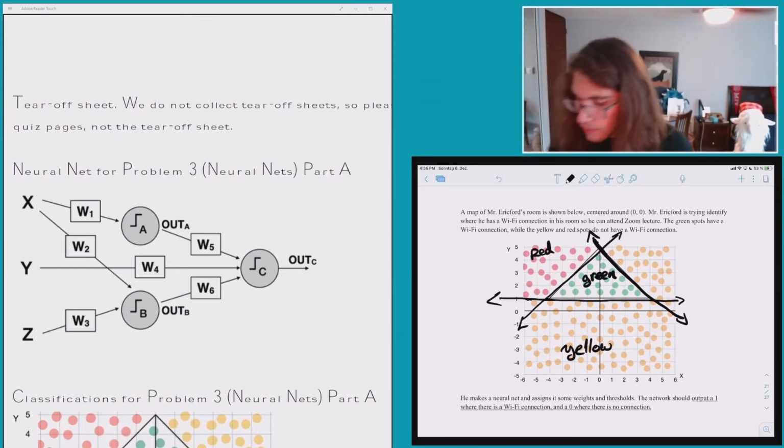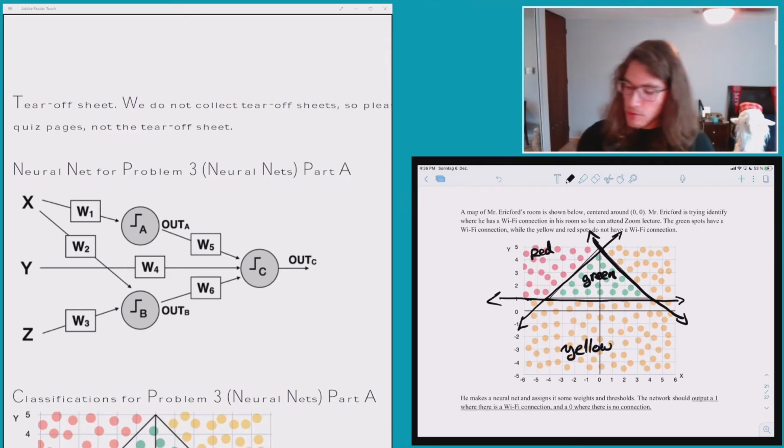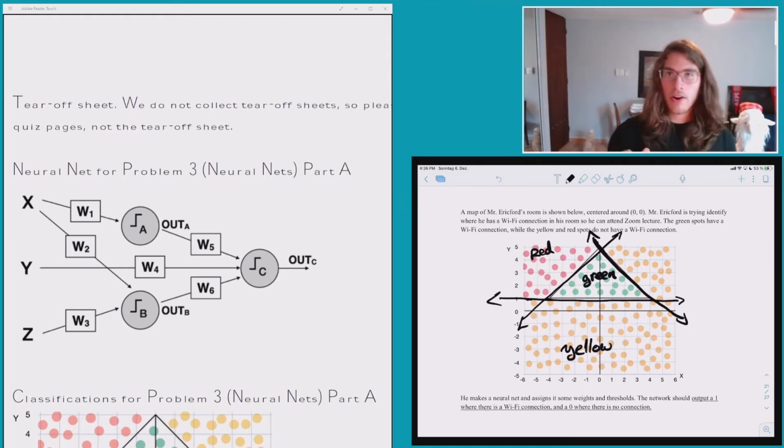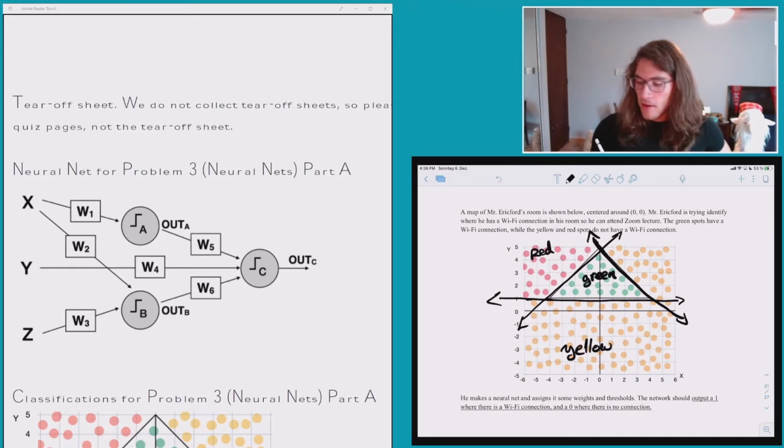I want to understand what is at play here before thinking about the specifics of the neural network. And what is at play here is there are 3 lines, so I'm going to need at least 3 input nodes, and it seems that only the overlap of the 3 lines is where green is the area of interest, which means I'm probably dealing with an AND node at some point.